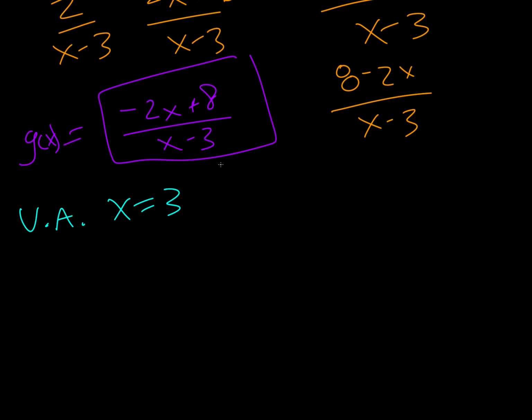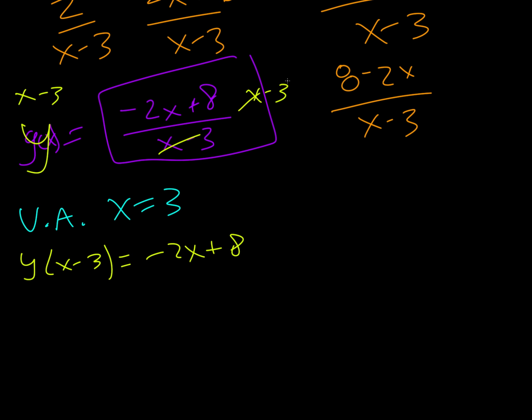Now to find a horizontal asymptote, we'll need to treat this like it's a y and solve for x. So I'm going to multiply both sides by x minus 3. And so we have y times x minus 3 equals negative 2x plus 8, because these just cancel. And then I'll distribute the y. So xy minus 3y equals negative 2x plus 8.